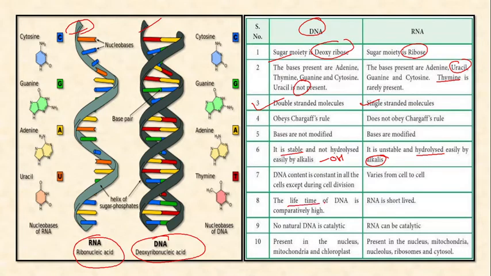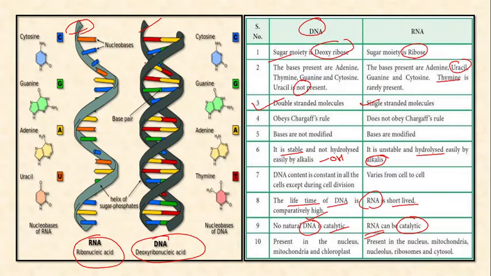Because of that, the lifetime of DNA is comparatively high, whereas RNA is short-lived. And because RNA has the free hydroxyl group, it becomes catalytic in nature. DNA is not catalytic because it doesn't have the free hydroxyl group available.